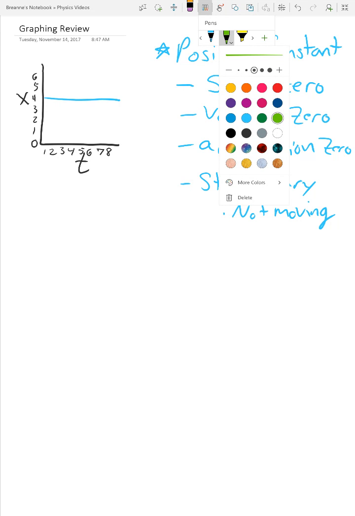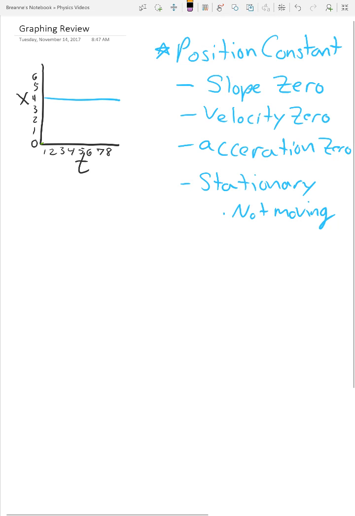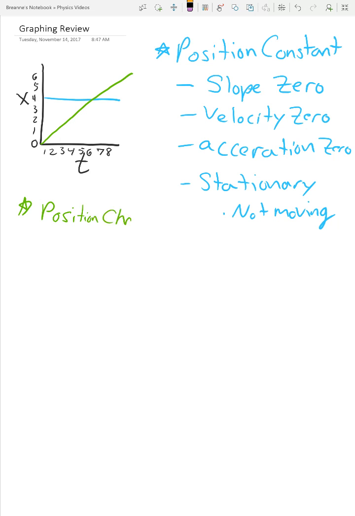Now, for the next one, we're going to do a diagonal up. So diagonal up is showing that our position is increasing, going from 1 to 2 to 3 to 4. And as our position's increasing, our time's increasing. So, therefore, for our green, our position is changing. We have to think how it's changing.